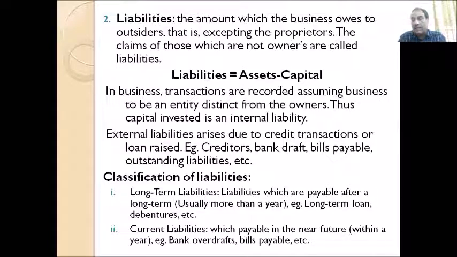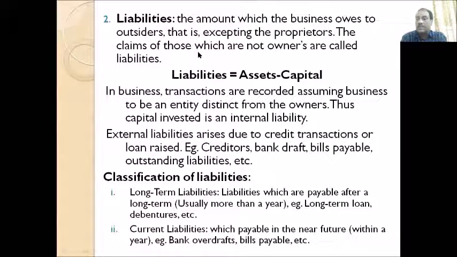Then external liabilities arise due to credit transactions or loans raised, as for example, creditors, bank draft, bills payable, outstanding liabilities. These are all external liabilities because we owe it to outsiders. Then classification of liabilities. Liabilities are also long-term liabilities and current liabilities.